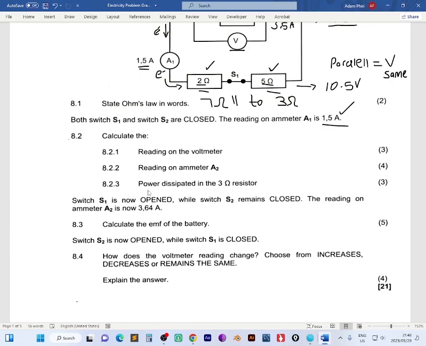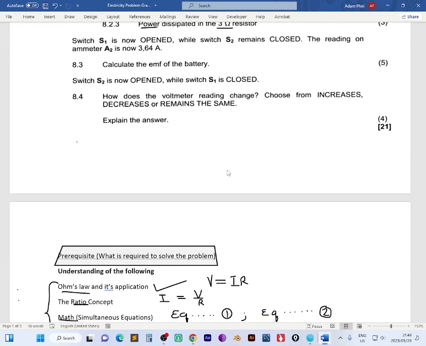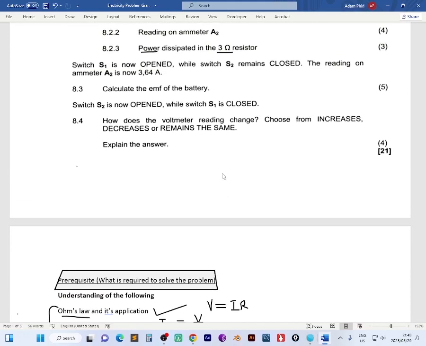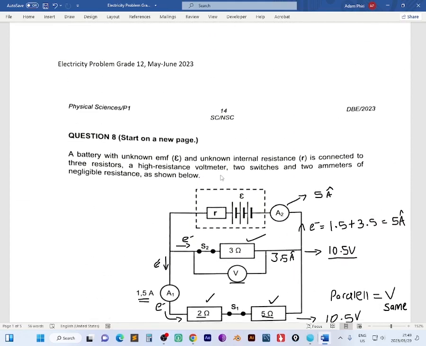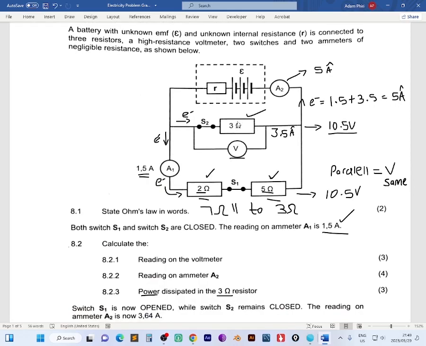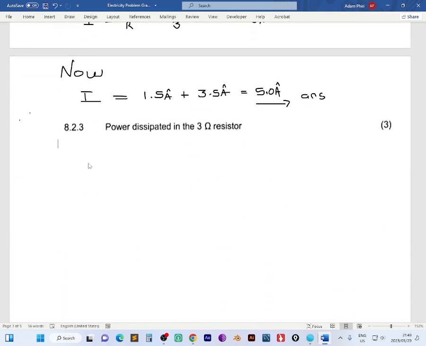So question 8.2.3, power dissipated at 3 ohm. So we go once again to the power formula. That's the standard equation, but you can change it with Ohm's law to give you different values.